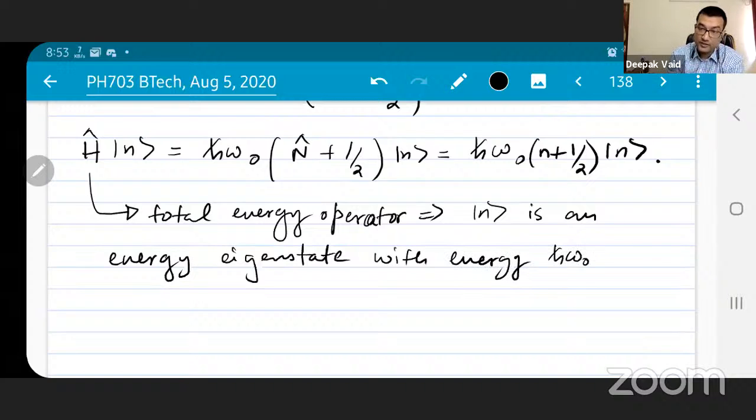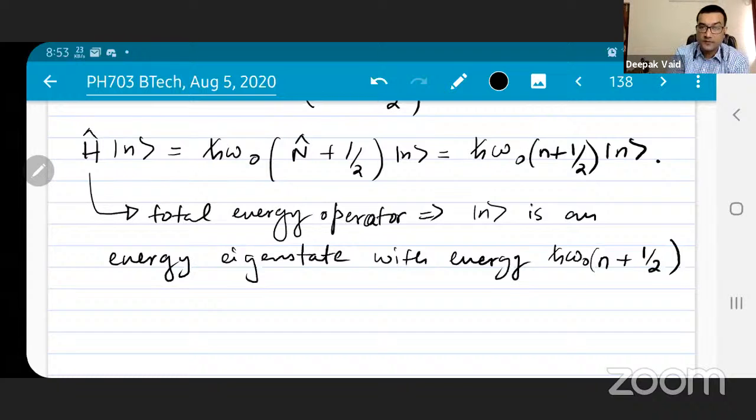It is h bar omega times n plus 1 half. Okay. All right. So essentially, we have solved the harmonic oscillator problem.